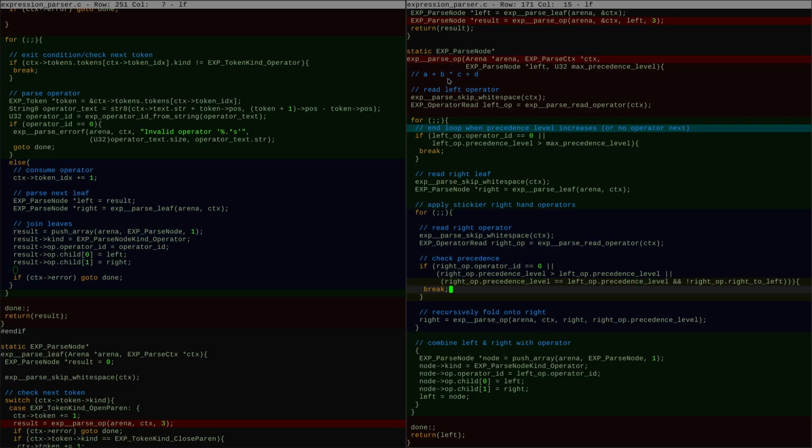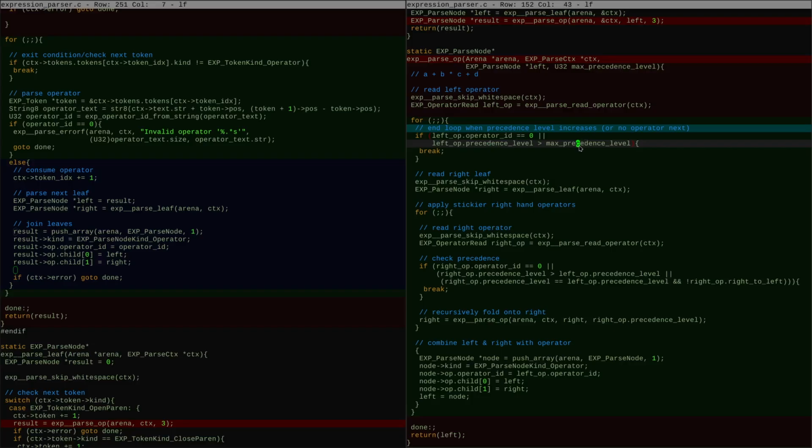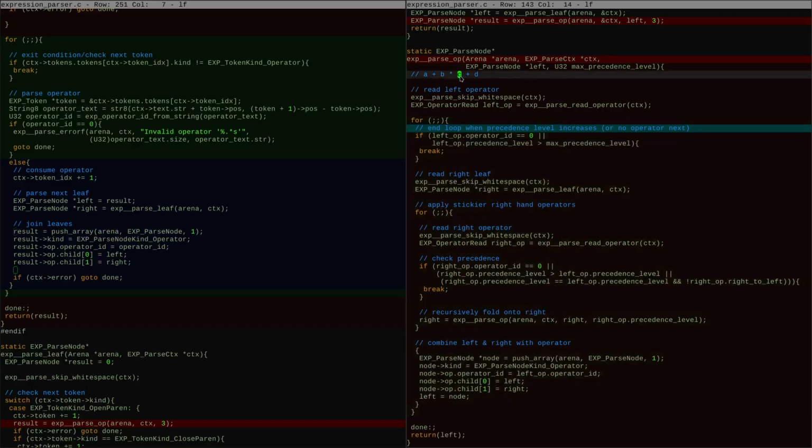As in, you were doing just precedence levels. So if the left operator is greater than the max precedence level, 3 times C, and then so this would go then here and go times, and then right is not right.